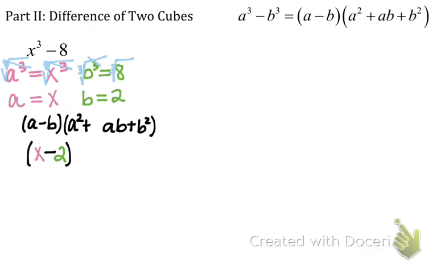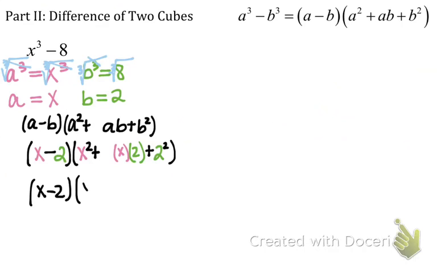So a minus b will be x minus 2 times the quantity of our a term squared, which will be x squared, plus our a and b terms multiplied together, plus our b term squared. We can simplify this a little bit to have x squared plus 2x plus 4.